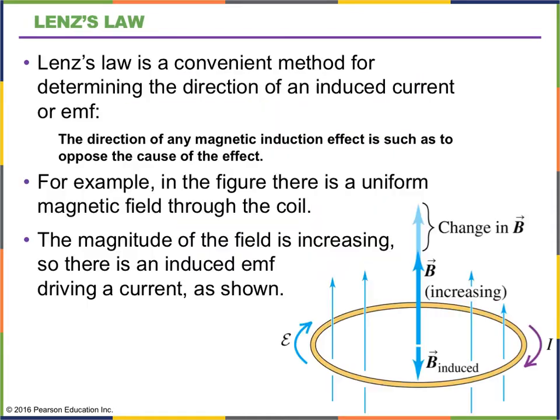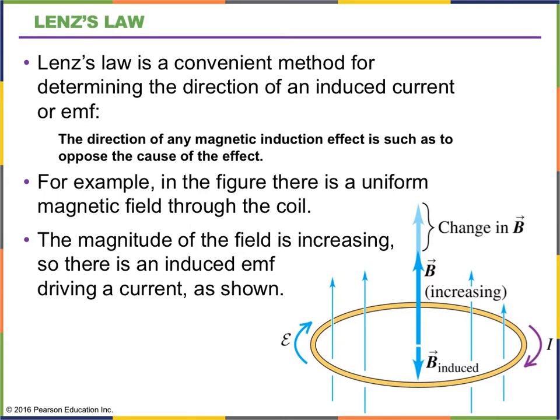So let's look at that. Basically, when you have an induced EMF and an induced current, Lenz's law tells us that the induced current will tend to offset the change in magnetic flux that caused it in the first place.